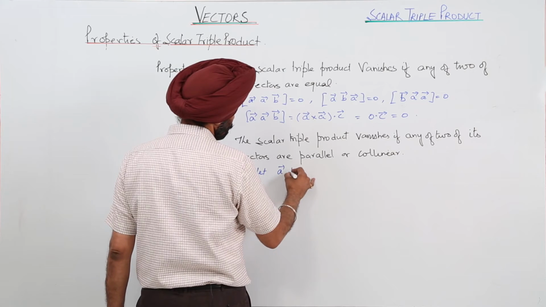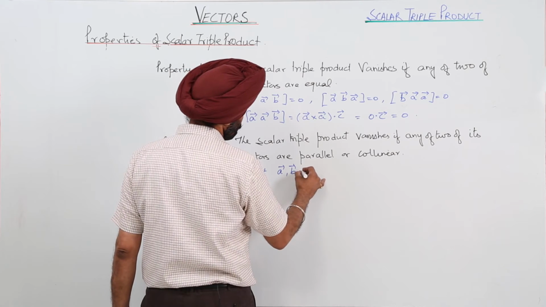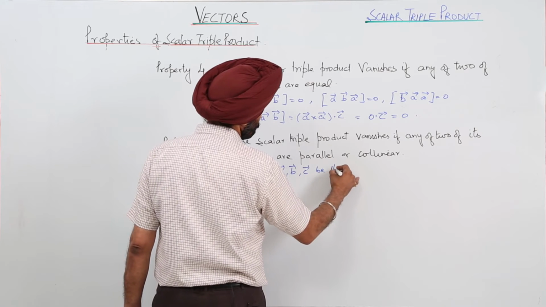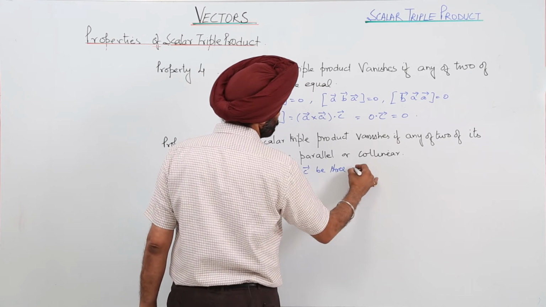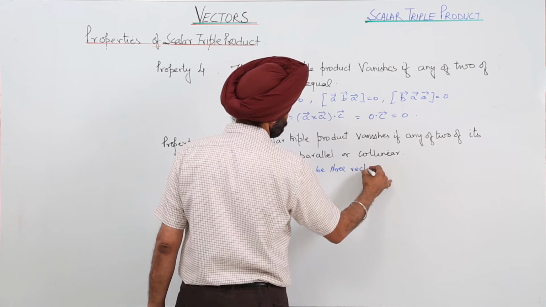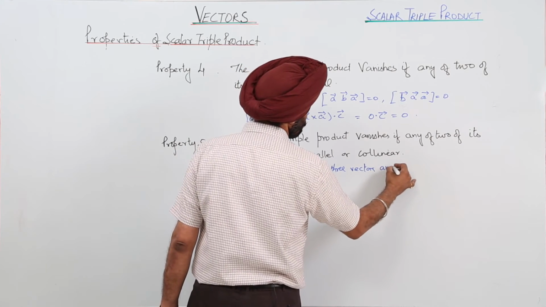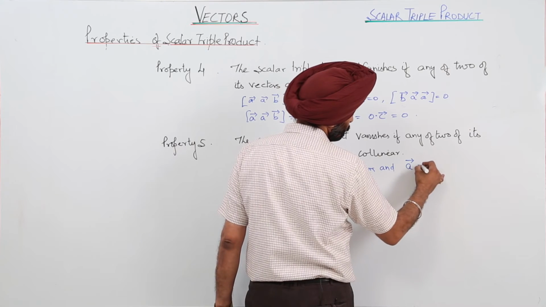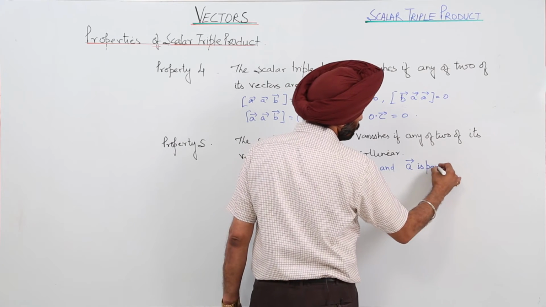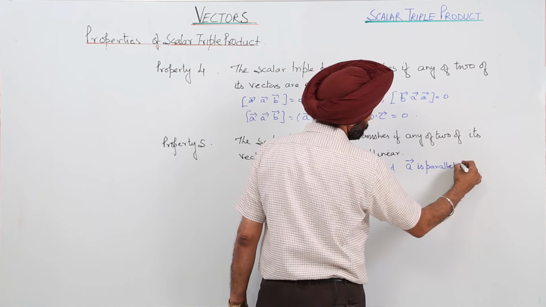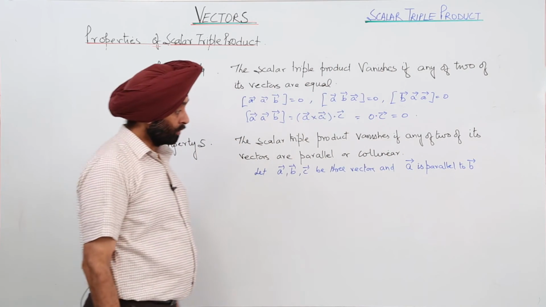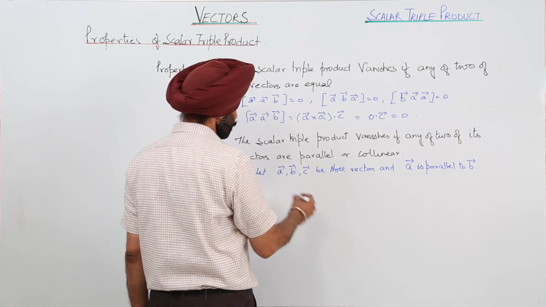Now let vector A, vector B, vector C be three vectors, and vector A is parallel to vector B. Now what is the condition for parallel?